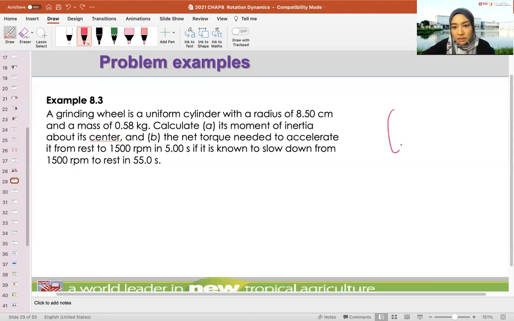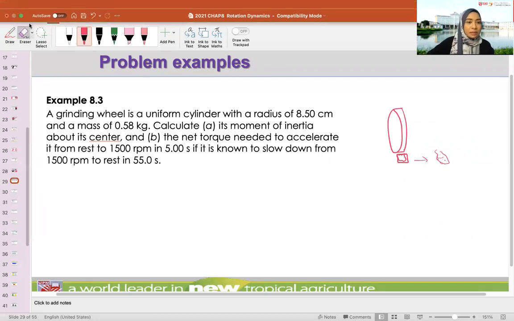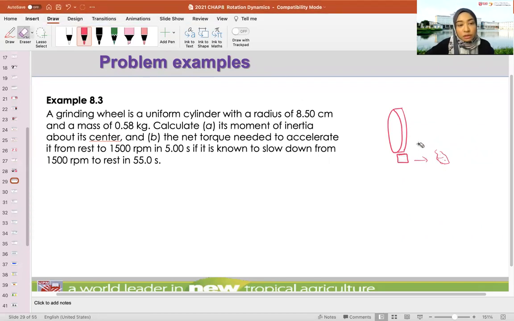So if we want to grind something, we put it like this. We don't grind from the side. We put something like a crystal here, it spins until it becomes powder. Like a batu lesung. Okay, batu lesung is not a grinding wheel by the way. So a grinding wheel is a uniform cylinder with a radius of 8.5 centimeter.